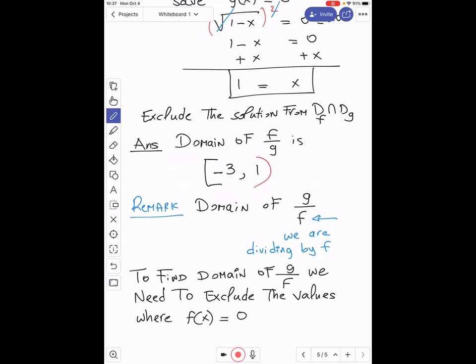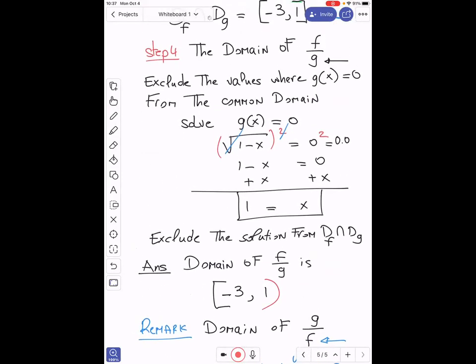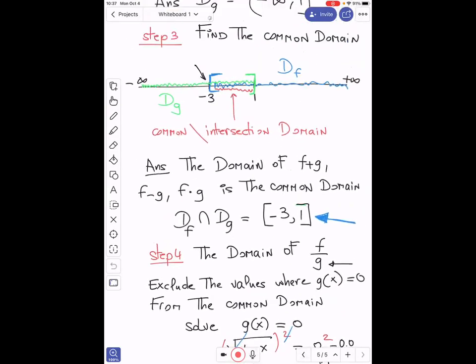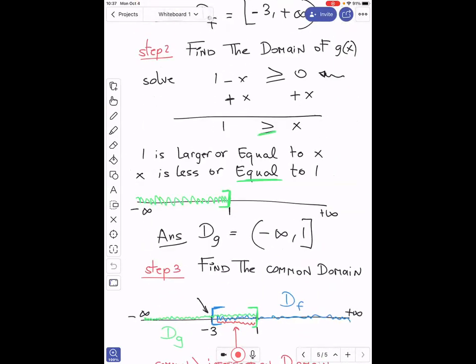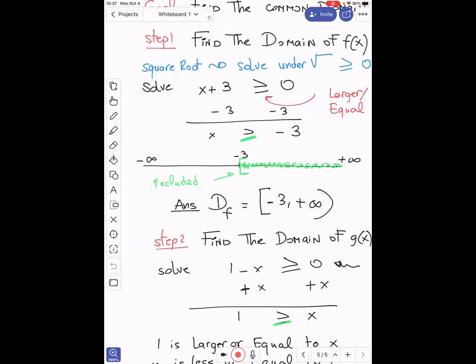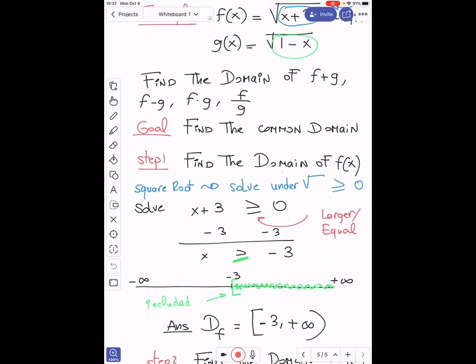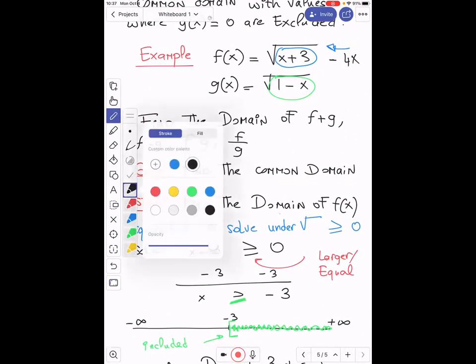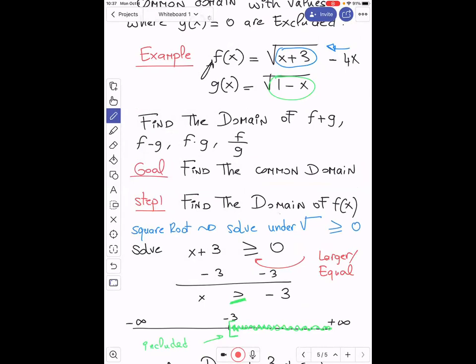That's a different equation, right? Because f of x is the square root of x plus t.